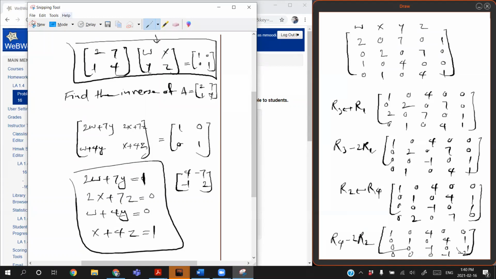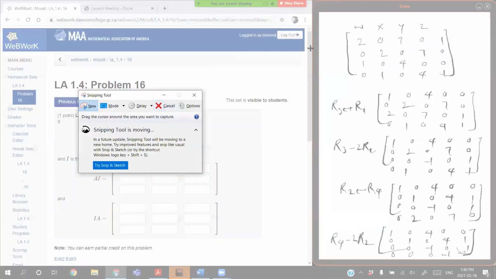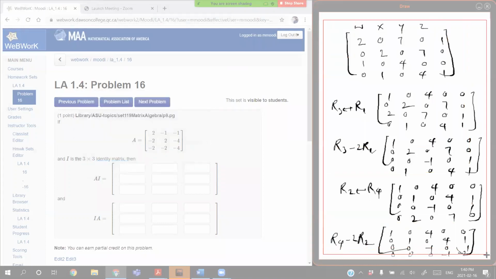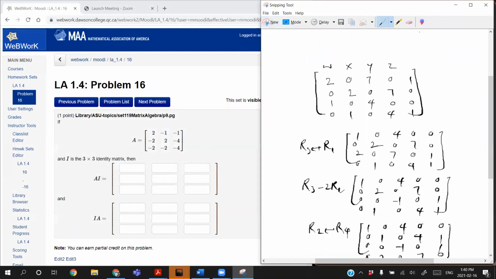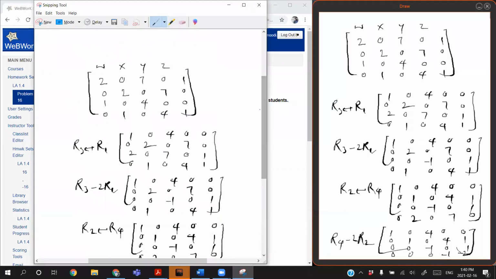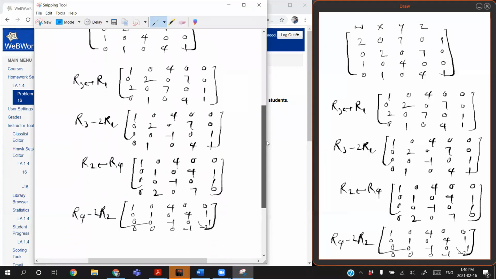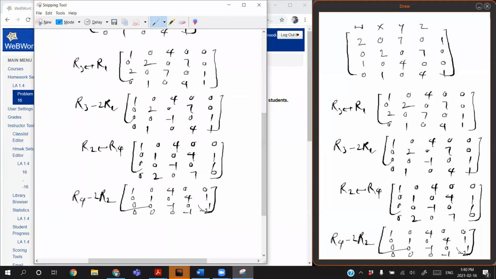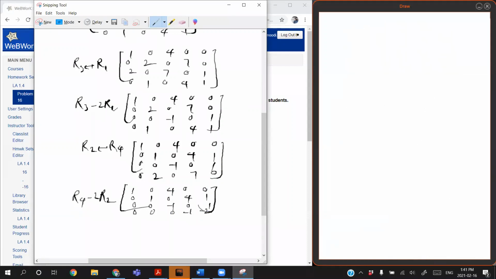Okay, I'm gonna take a snapshot of this. Next, I will need a 1 here and a 1 here, and also zeros above that.